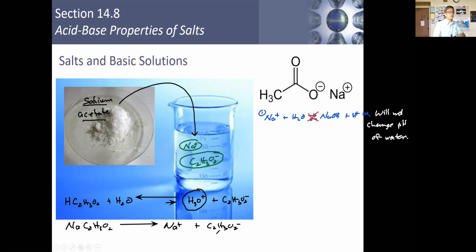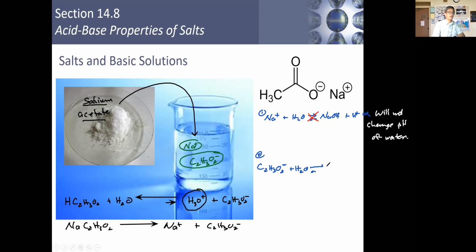But what about the acetate ion? Let's see what happens if we do the same thing with the acetate ion, C2H3O2 minus. We're going to react that with water. This is the conjugate base of a weak acid.